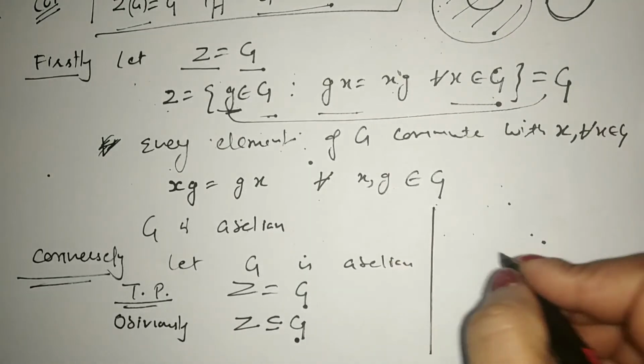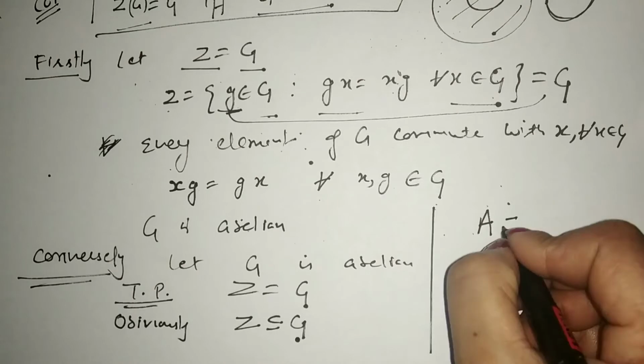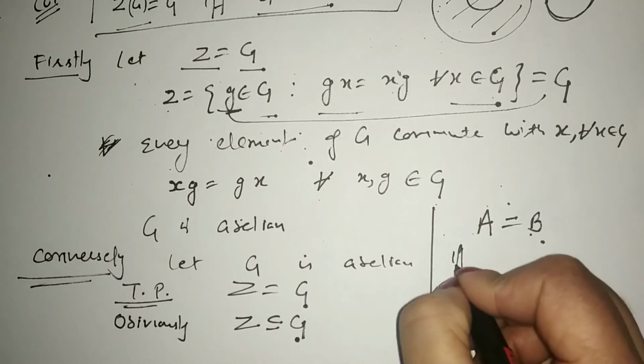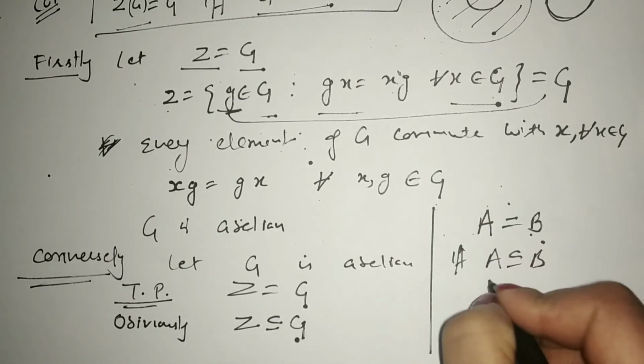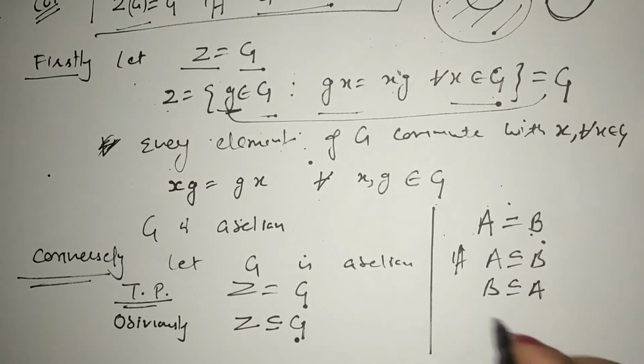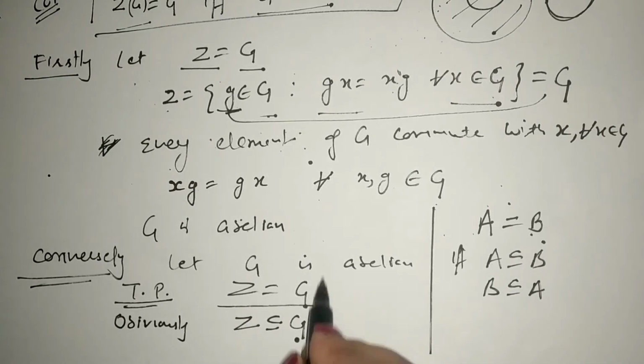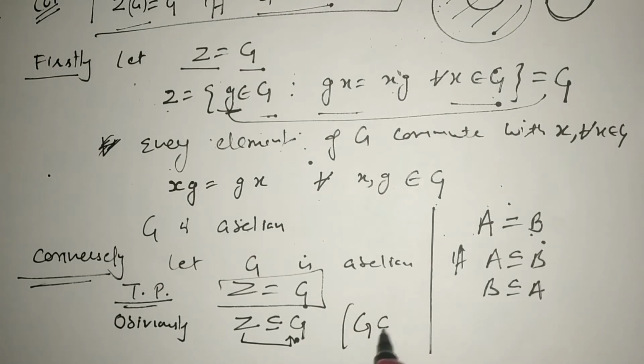When two sets are equal, I have already told you, two sets A and B are equal if and only if A is a subset of B and B is a subset of A. So in this case also these two are equal if both are subsets of each other. Z is a subset of G. Now we have to prove that G is a subset of Z. So to prove one set to be a subset of another, we take one element from this and we will prove that this element belongs to the other set.